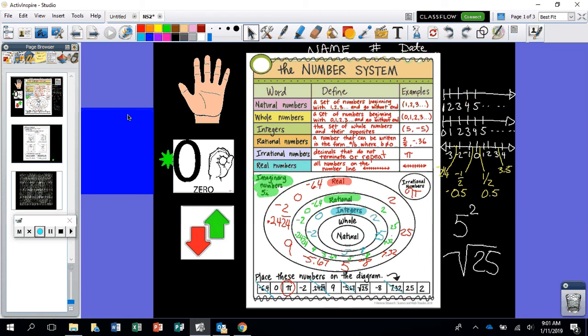And then whole numbers, as we narrow it down more, we start getting rid of the opposites, so no more negatives. And then we put those in here, and then natural numbers just exclude 0. So we have 2, 5, and 25, and 9. And that's about it, guys.